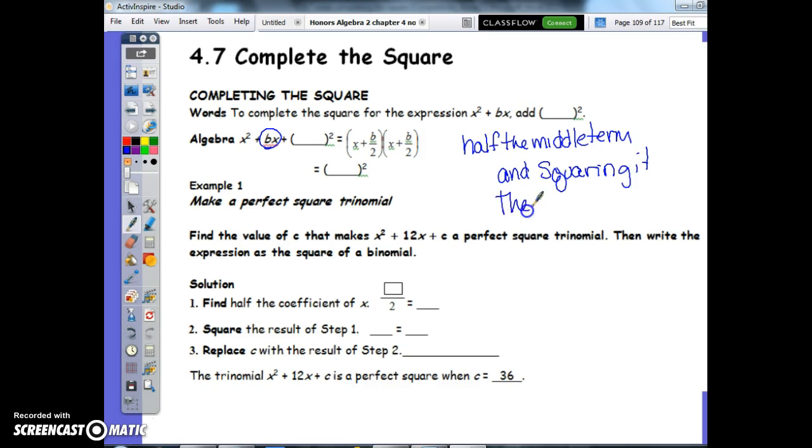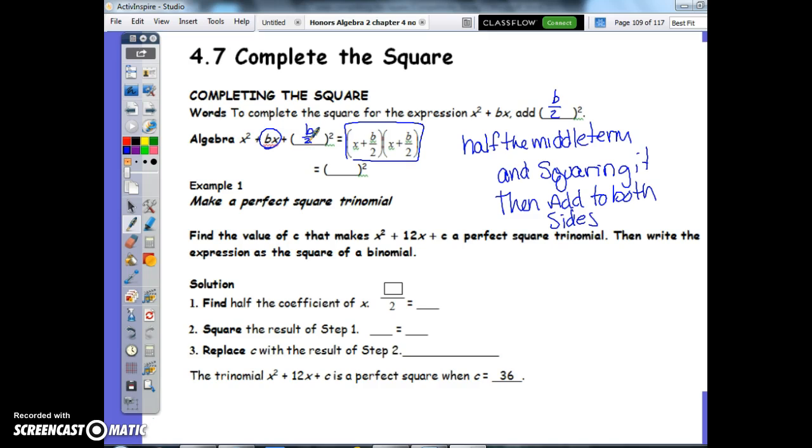Then add it to both sides of the equation. So we would take half of b, which would be b over 2, and square it. Incidentally, b over 2 squared is going to be one of your factors when we factor it, which is right here. And we're going to get to that, so this would be b over 2 squared.